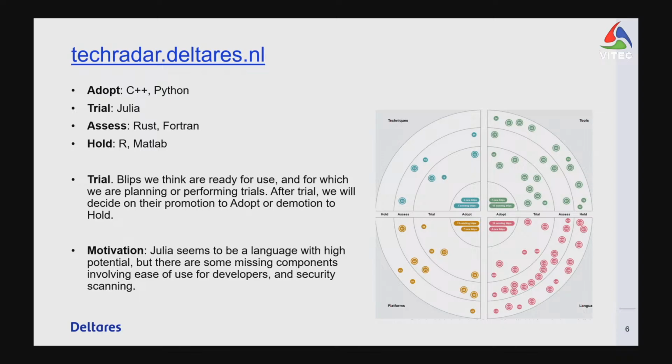It's in adopt. MATLAB is still being used, because in civil engineering a lot of university students are very familiar with it, but we're trying to wean off it, so to say. Julia is in trial right now, and that means we are using it, as you can see, but there's still no stamp of approval, like, hey, whenever we build a new simulation software, for instance, that would be the logical choice.